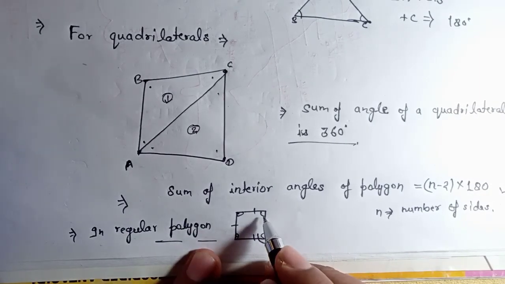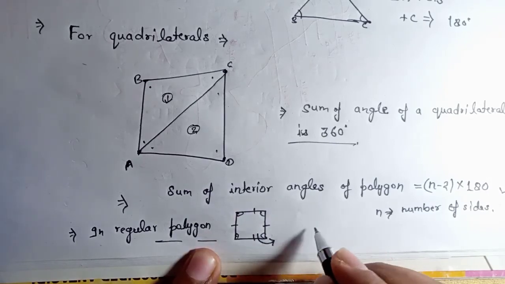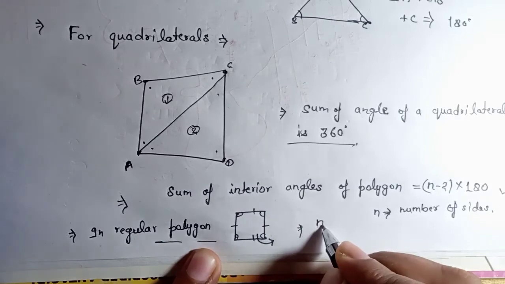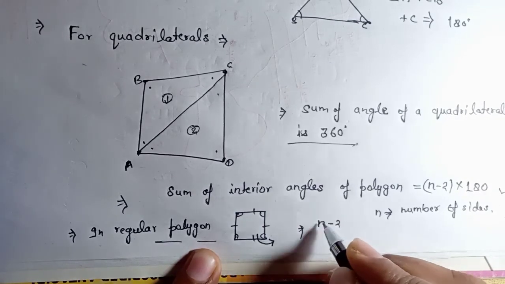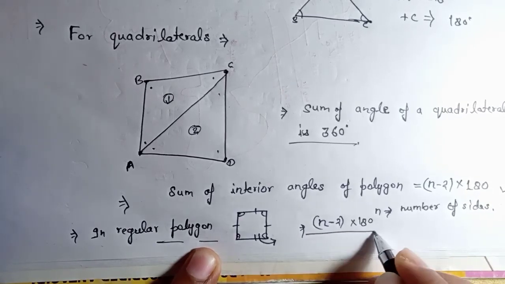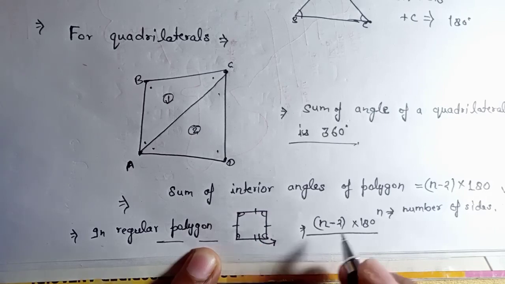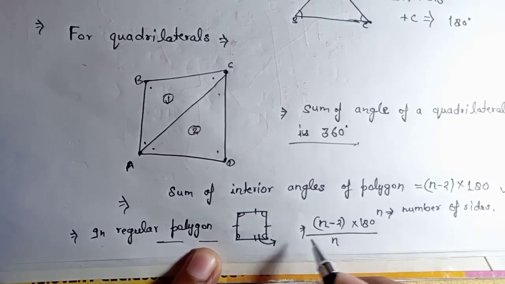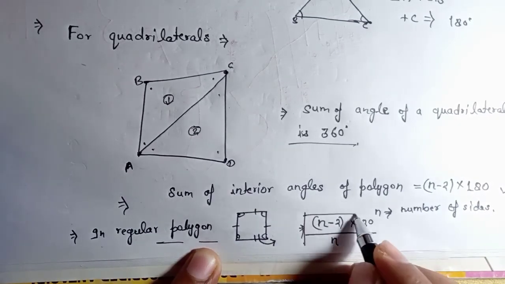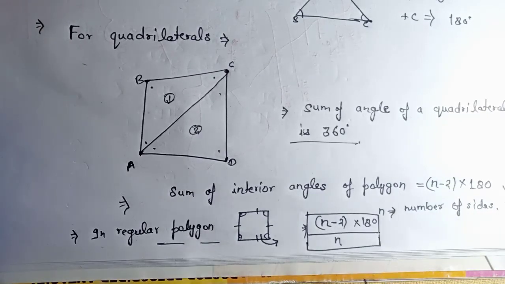You have to divide the sum of interior angles by the number of angles. And you know what the sum of the angles is? n minus 2 into 180. And you divide this by the number of angles, and here the number of angles is equal to the number of sides, so again write here n. This formula gives you the measurement of an angle of a regular polygon. Now we will solve our exercise 3.1.